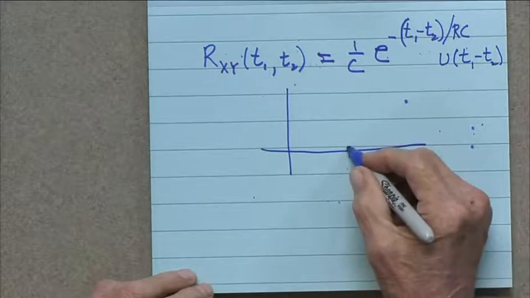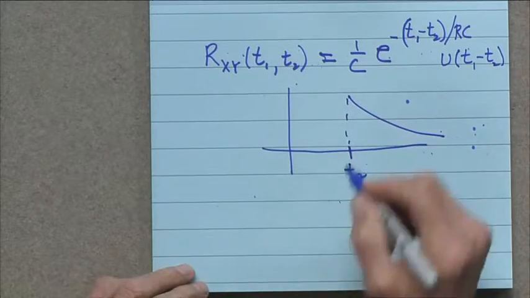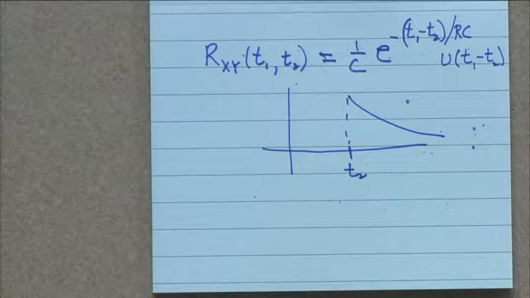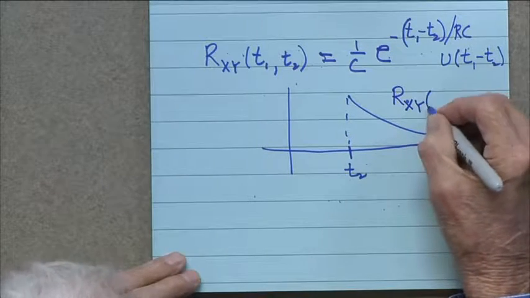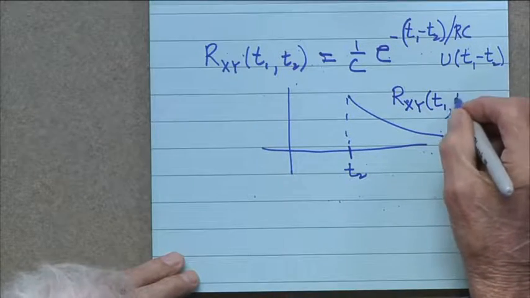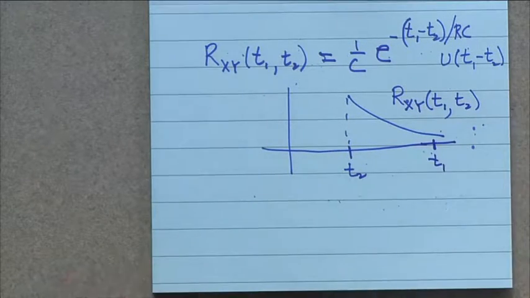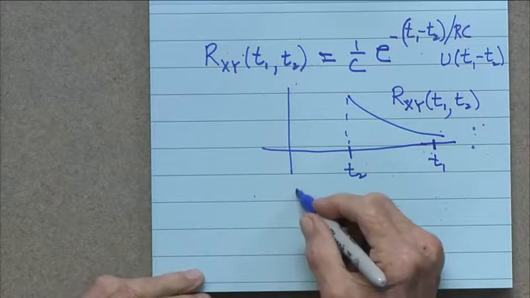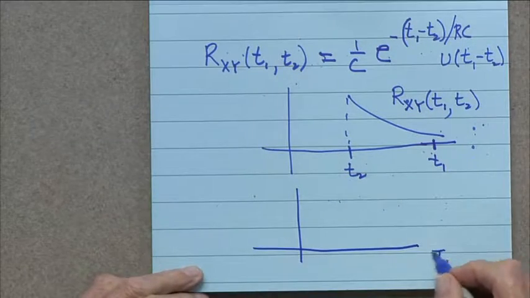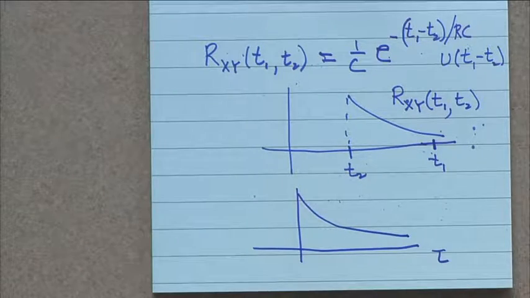And so here is T2, and it looks like that. This is R, the cross correlation, T1, T2. Or you could say it is tau. Looks like that. So it's just one side.